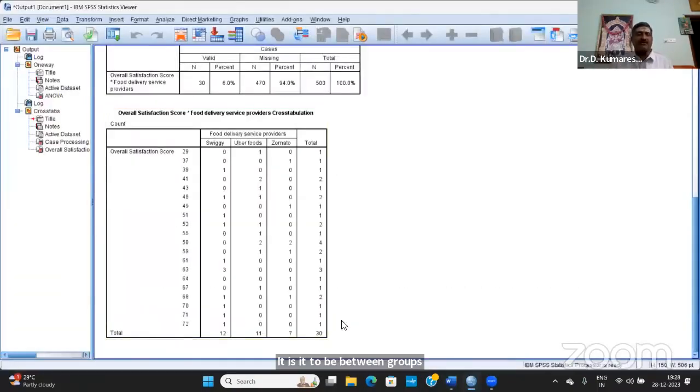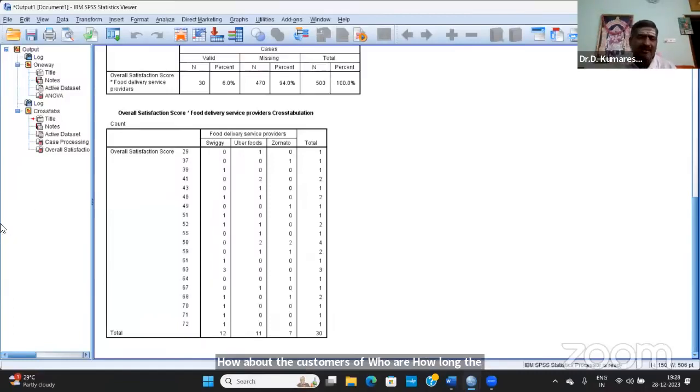If suppose that variation among the customers of Swiggy, among the customers of Uber Foods, among the customers of Zomato.